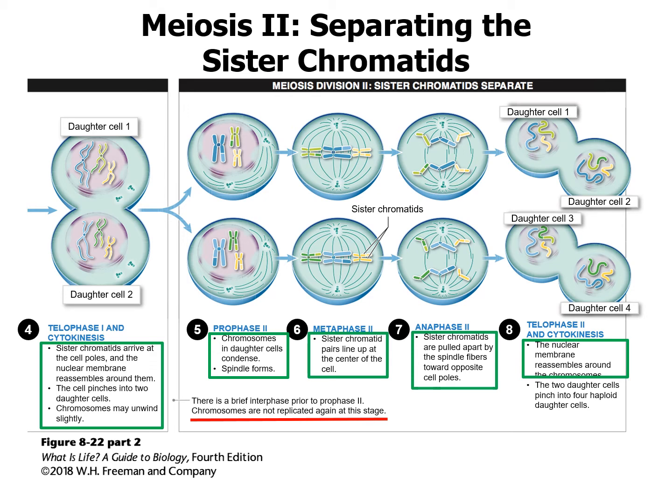After we go through meiosis 1, it's pretty much the exact same process as mitosis. We go through prophase, metaphase, anaphase, and we end with telophase and cytokinesis. But instead of ending up with 2 identical daughter cells, we have 4 unique haploid daughter cells.